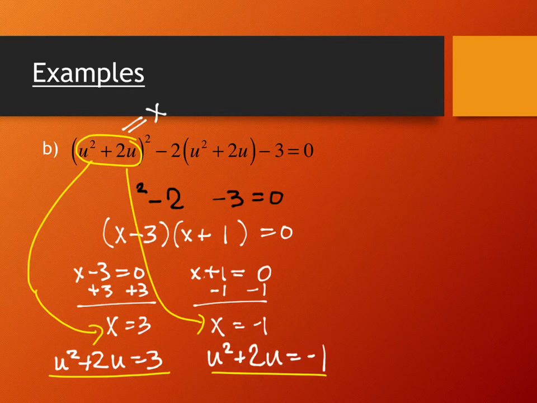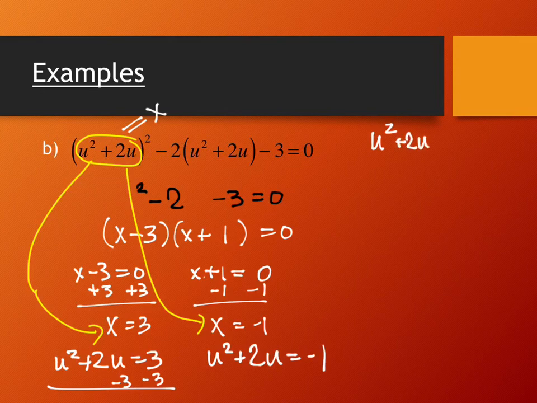The first thing we're going to do is move everything to the same side. So on the first one, I have u squared plus 2u minus 3 equals 0. It's an awful lot like what I solved a moment ago, right? I can do it with trial and error.